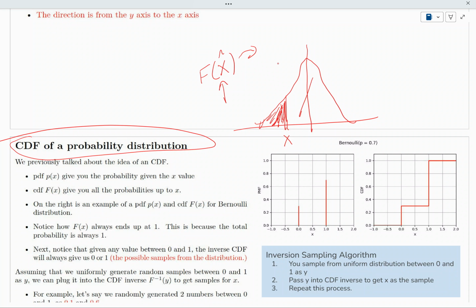So if we were to use this function on a really simple distribution, a Bernoulli, for example. Here's a Bernoulli where the probability of 0 is 0.3 and the probability of 1 is 0.7, so they add up to 1. If we look at the CDF of this, at every single point in the beginning it is 0 because nothing has happened. So it's adding up the area: 0, 0, 0, 0, all until you reach the point 0. Once you reach the point 0, you add this portion, which is 0.3, so it jumps up.